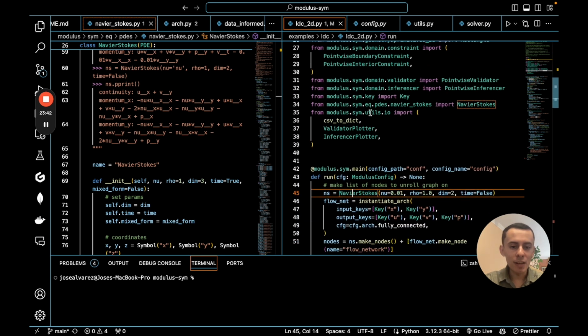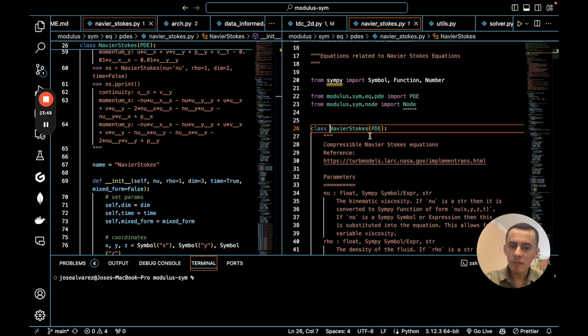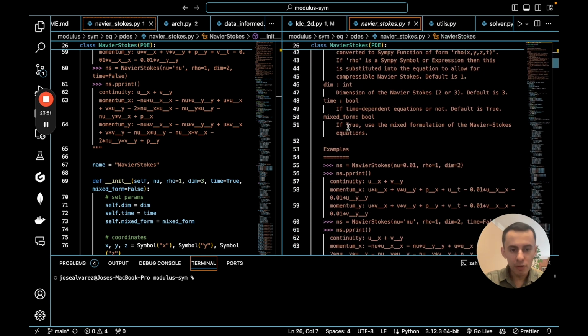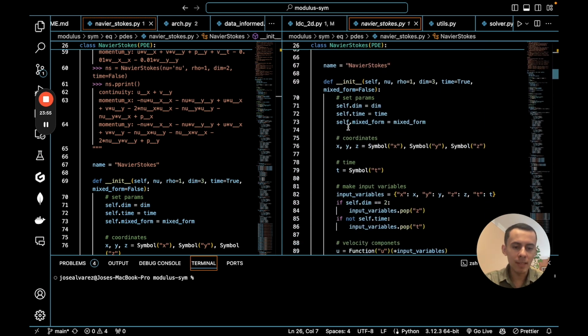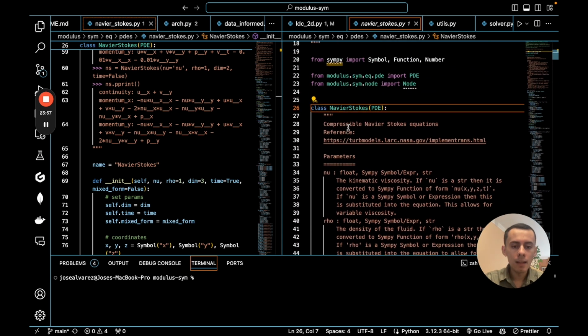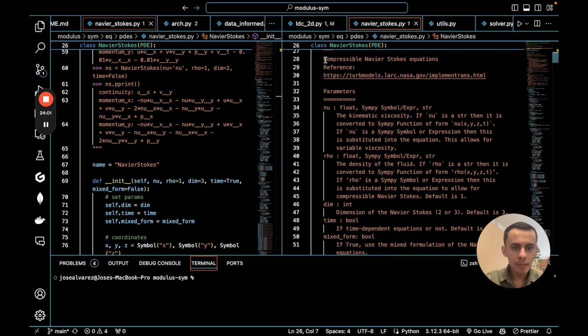For example, you are checking out the example, lid-driven cavity 2D, and you click on go to definition of any class you don't know what it's doing, and you want to understand what this is doing behind the scenes. You're going to learn about the class, and they explain here, for example, the compressible Navier-Stokes equation, and they even give you a link.